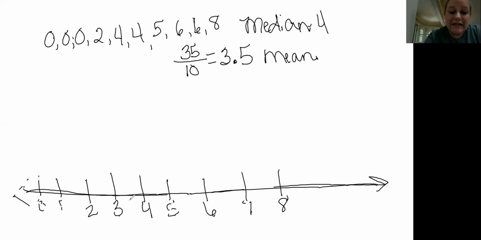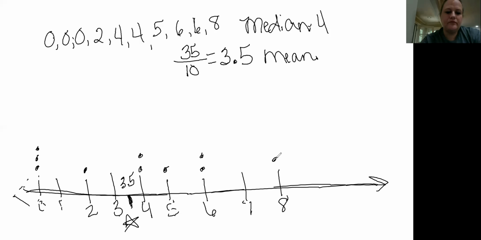Okay, our mean is actually right here at 3.5. And I'm going to star it. And then we have 0, 0, 0, 2, 4, 4, 5, 6, 6, 8.